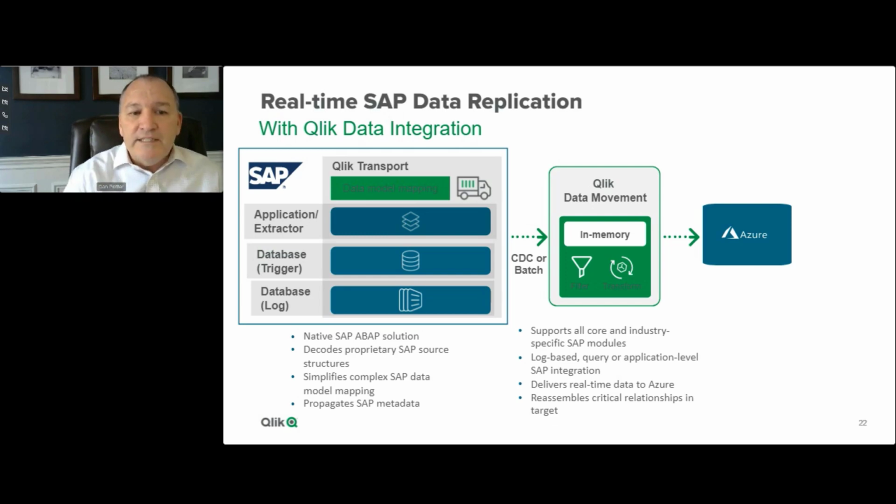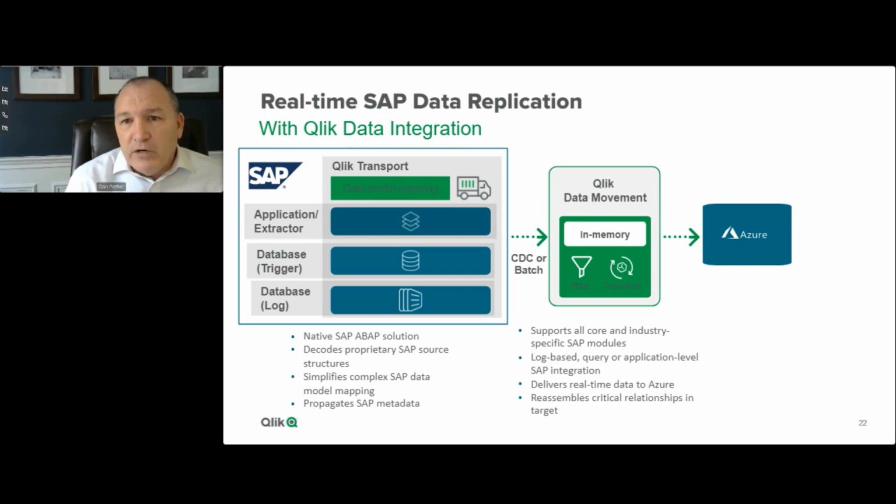So we're pulling this data out. We decode the SAP source structures. We have deep integration and certified integration into SAP to be able to extract all of the metadata. We propagate that metadata. We support a wide variety of different SAP applications, and we reconstruct those data models in an automated fashion.